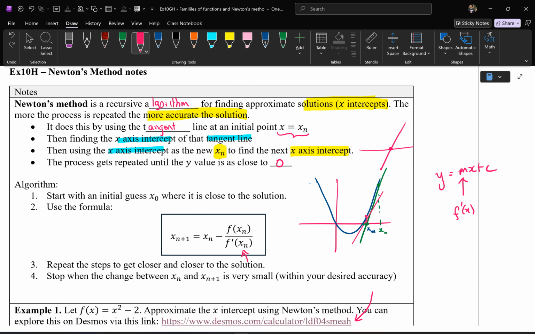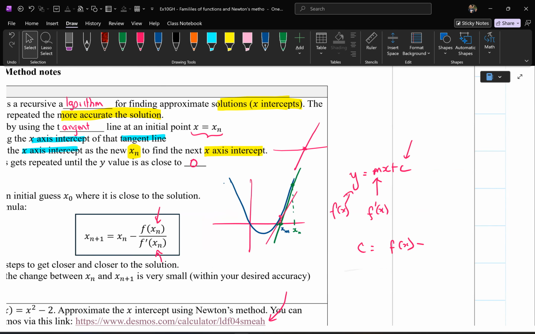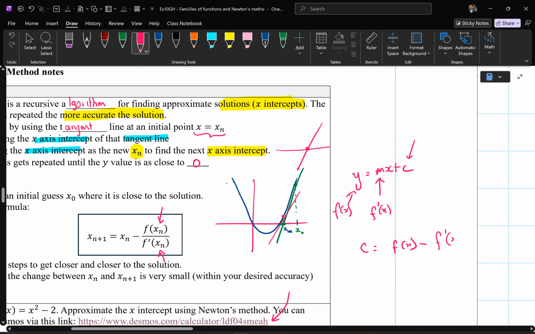To get the y value for x, that's just f of x. That's what this represents, right? And then to find the y-intercept, if you rearrange all of this, you get c is equal to f of x minus f dash of x times xn.